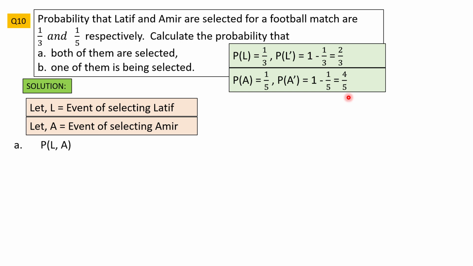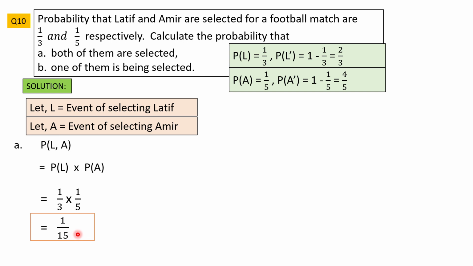For the first question, both of them are selected. That means Latif and Amir are selected. Therefore, you can rewrite it as the probability of Latif times the probability of Amir being selected. We have the values of the probabilities here, so substitute and get the answer. For the second question, one of them is selected.